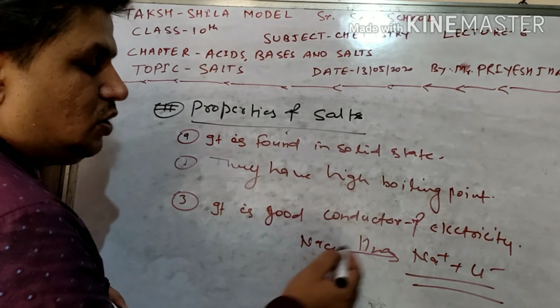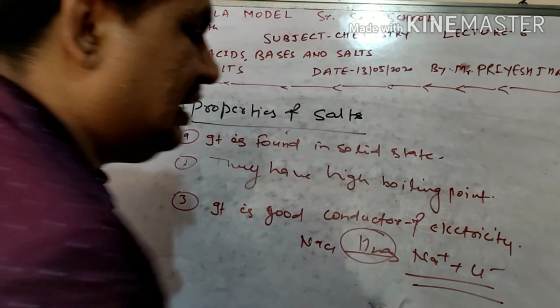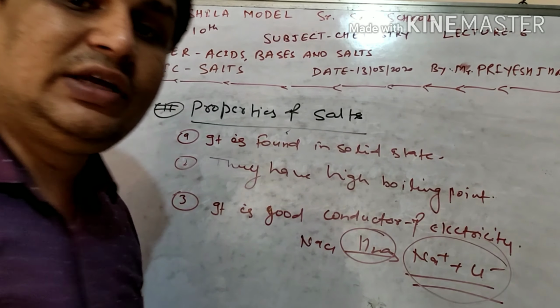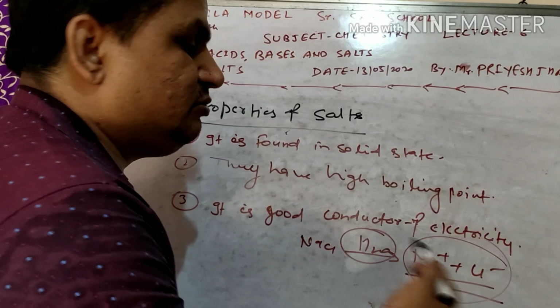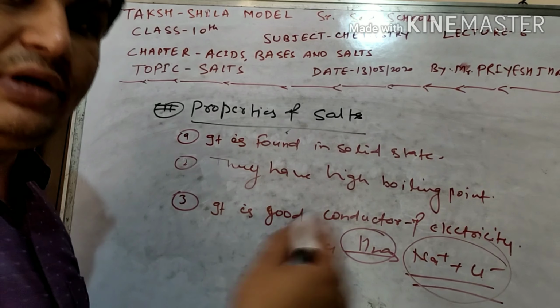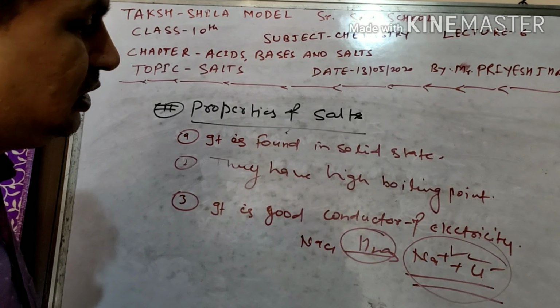So when any salt dissolves in water they split into their corresponding ions, and due to the presence of ions it is the source of electricity, or the conductivity of any salt generally becomes large when the salt dissolves in solution, because the number of ions generally increases. Clear?